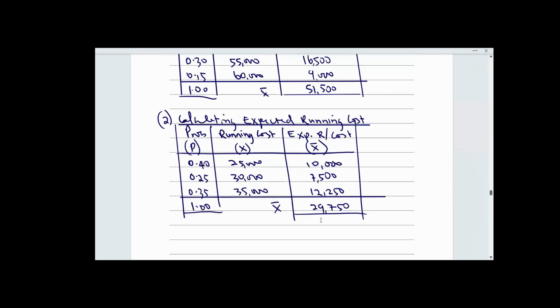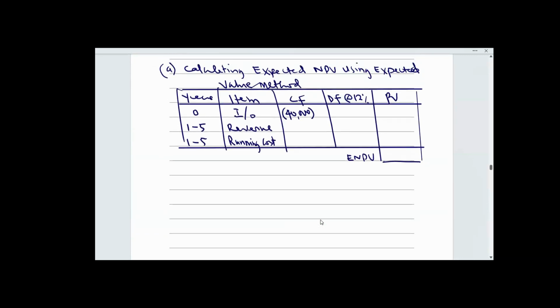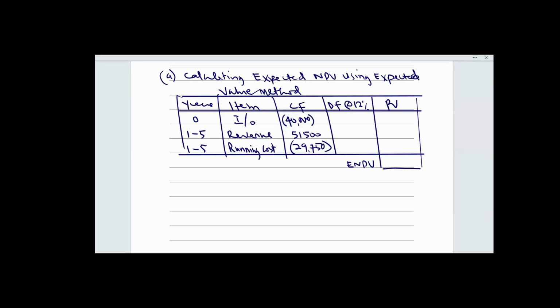Since we have expected revenue and expected running cost, we can then proceed to calculate our expected net present value. So here is 51,500. Here is 29,750. We then calculate annuity factor of year 1 to 5 at 12%.